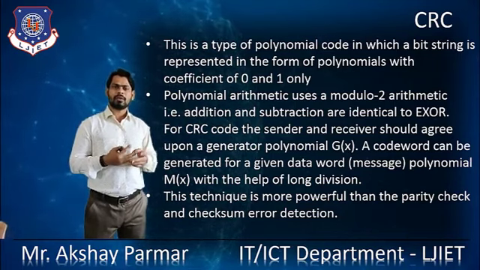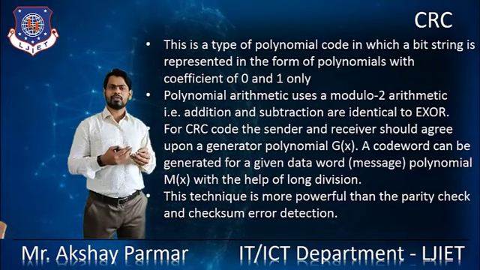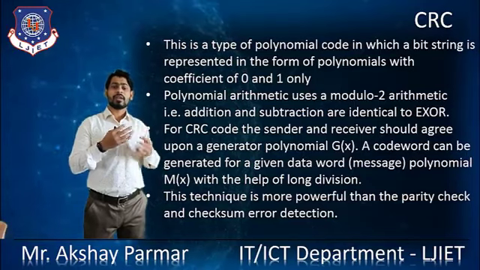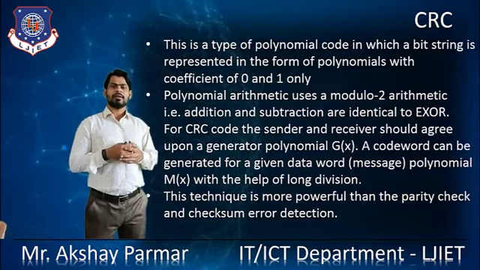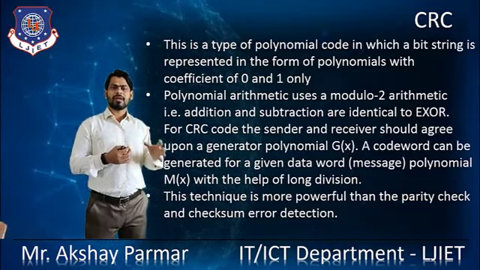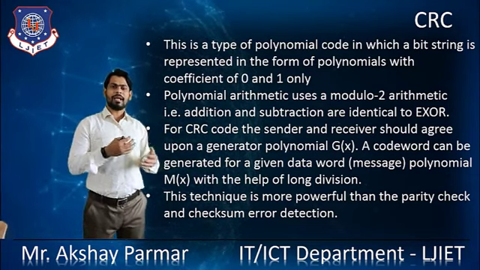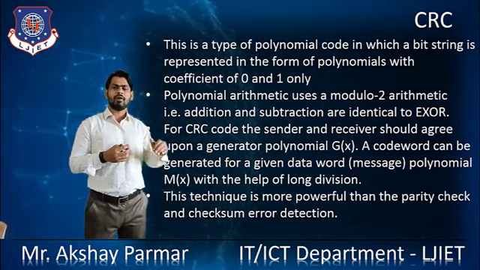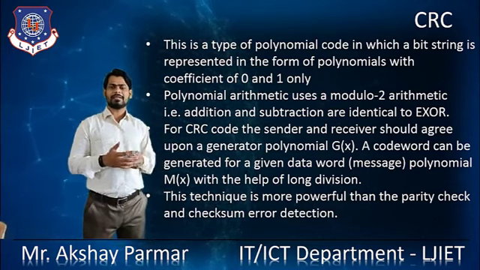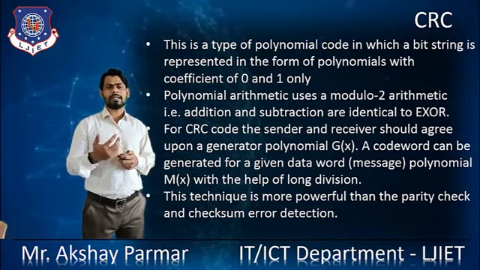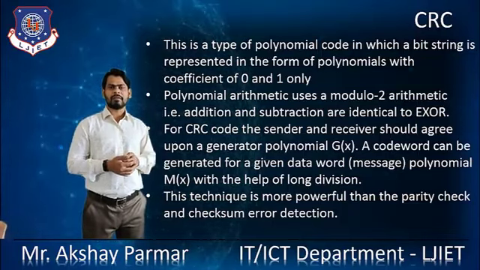For CRC code, the sender and the receiver should agree upon the generator polynomial g(x). A code word can be generated for the given data word, for example a message polynomial m(x), with the help of long division. This technique is more powerful than the parity check and the checksum error detection, right?